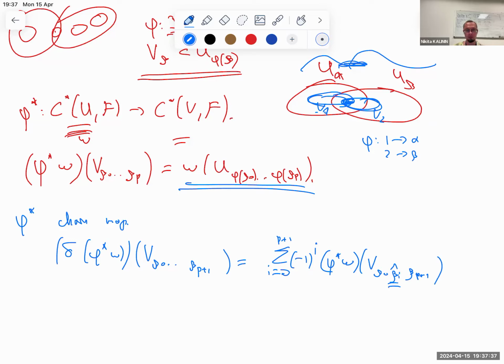And then we need to show that it's just the same as phi upper star delta omega of the same thing. So how was it defined? First we should compute delta omega and then apply phi.